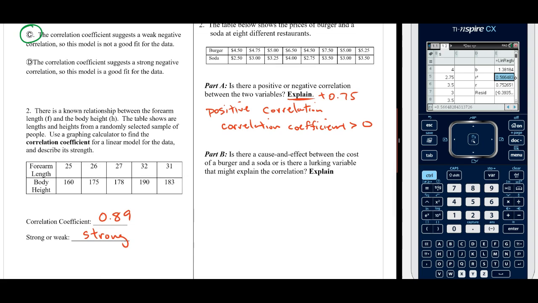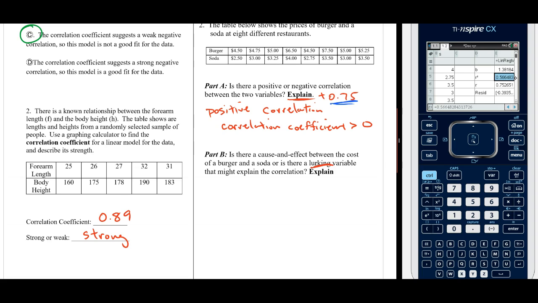Is there a cause and effect between the cost of burger and soda? Or is there a lurking variable? So a lurking variable is something else that might be going on that we don't account for in the data. Because R is 0.75, it's kind of strong, but it's not really a strong correlation. So that leads me to believe that there's probably something else going on. And we talked about this in class, that burger and soda prices, a soda should pretty much cost the same everywhere.